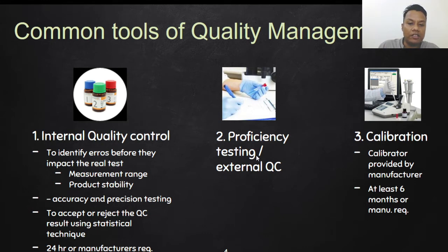I mean a third party, not from the lab, from a different organization. And for calibration, most of the time it is provided by the manufacturers, and they also have their own manufacturer's requirement, or at least every 6 months. We need to perform the calibration to check the machine detection system.